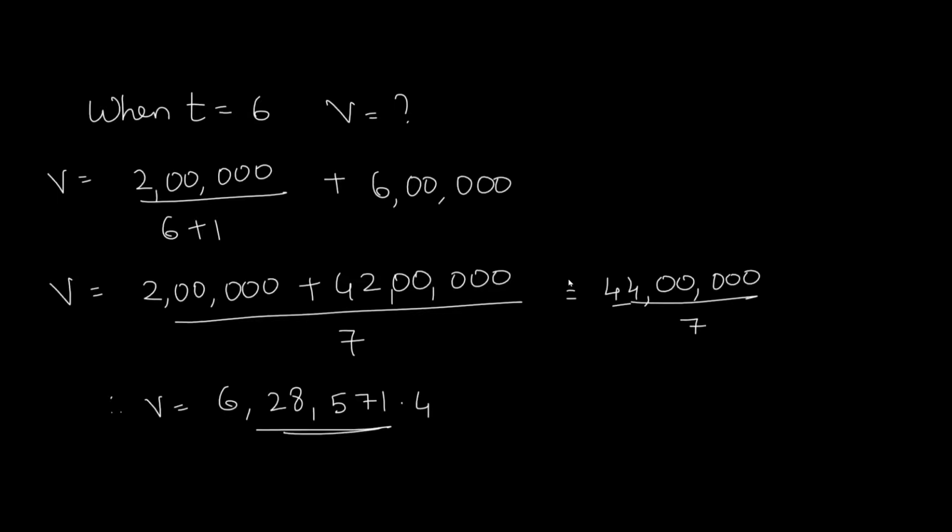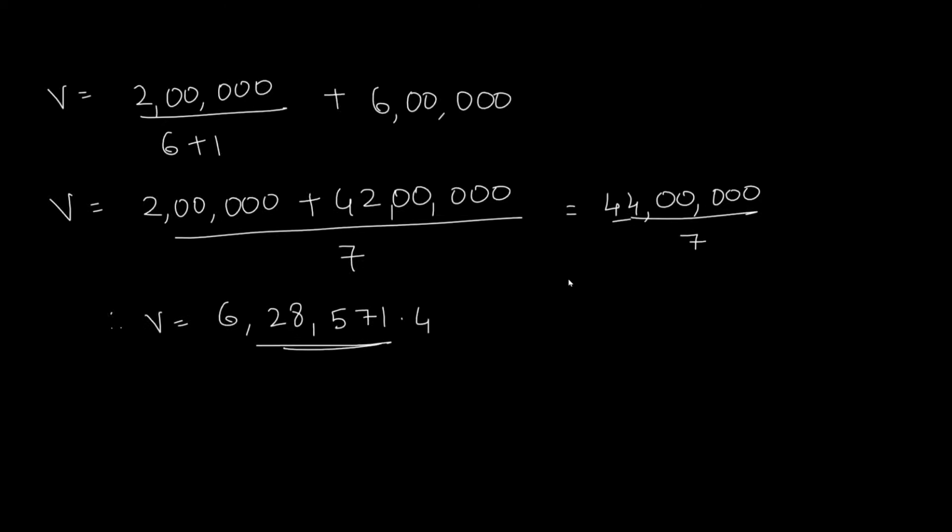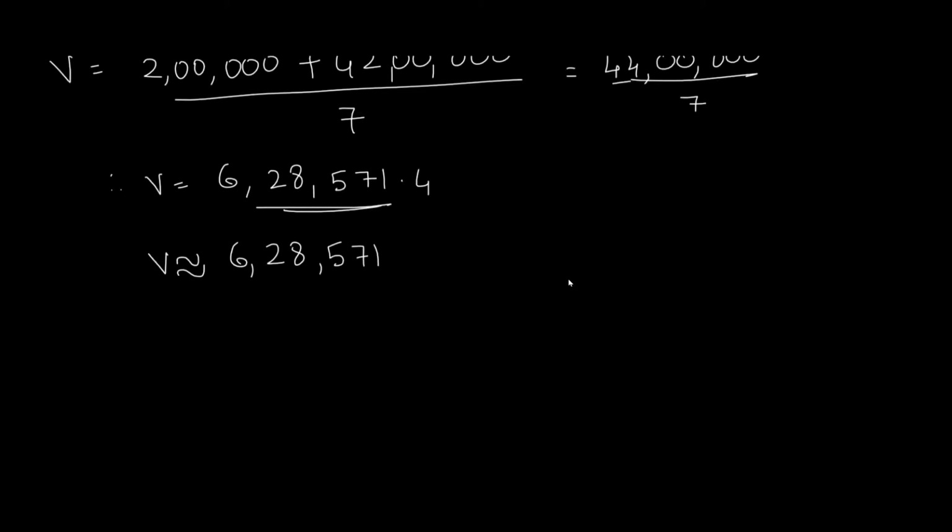So this is the value of the machine. Approximately, we can write this as V is approximately 6 lakhs 28,571. So this is the value of the machine after 6 years.